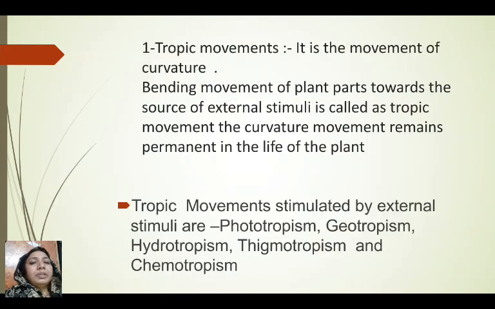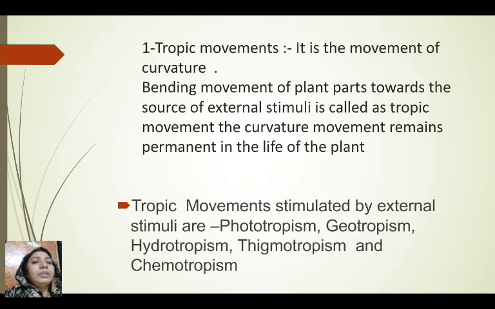Tropic movement is the movement of curvature. This can be defined as the bending movement of the plant parts towards the source of external stimuli. The movement of curvature remains permanent in the life of the plant, meaning the curvature which is formed in response to the external stimuli may remain throughout the life of the plant organ.